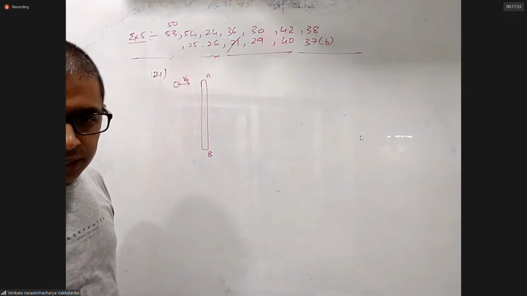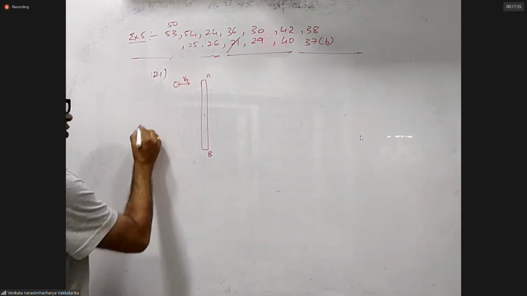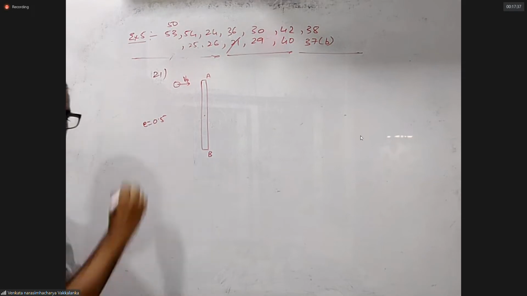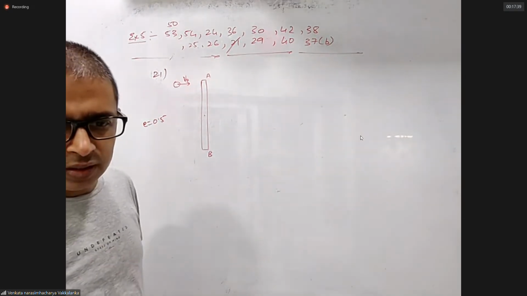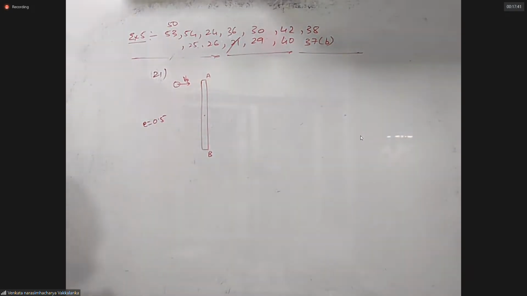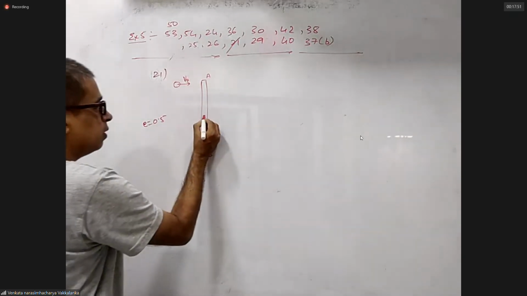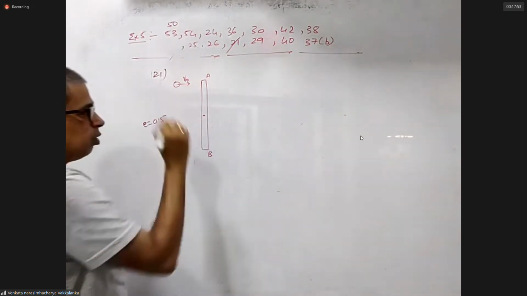Agreed? Perpendicular to the rod. Coefficient of restitution small e is 0.5. Happy about it. Find the x and y coordinates of the end B as a function of time, taking the origin to be fixed at the initial position of the center of the rod. Here, the rod will move ahead and that origin will remain there.